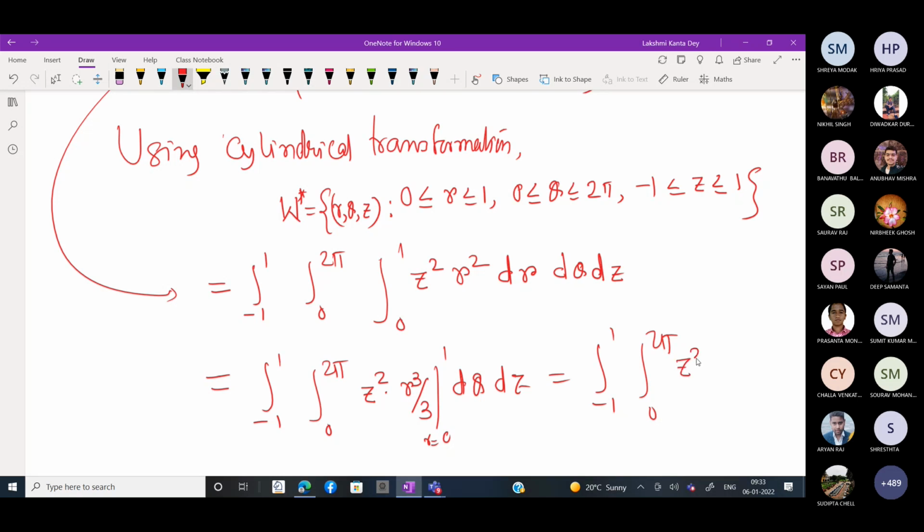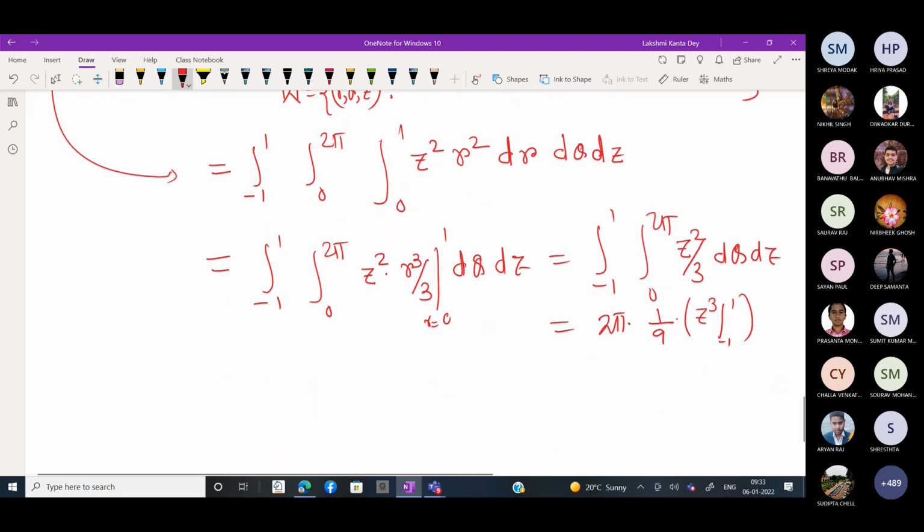So z square by 3 d theta dz. So what it will be? I just give one step jump. Theta is 2 pi, so 2 pi will be coming here, and it is z cube by 3. So 1 by 9 is coming here, and z cube from -1 to 1. So it is basically 4 pi by 9.